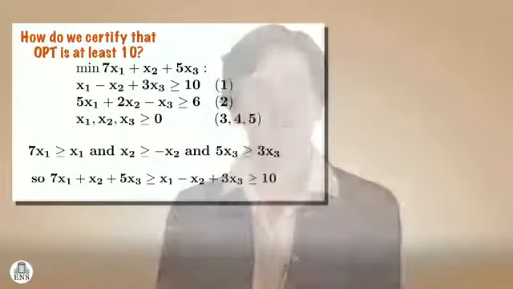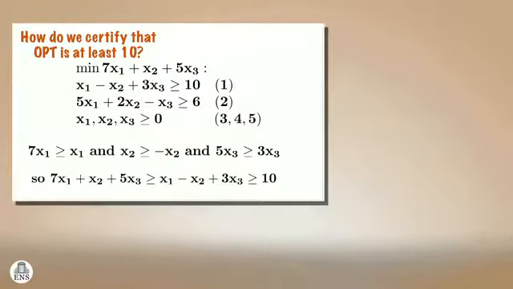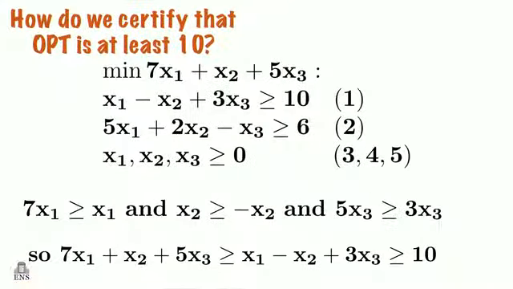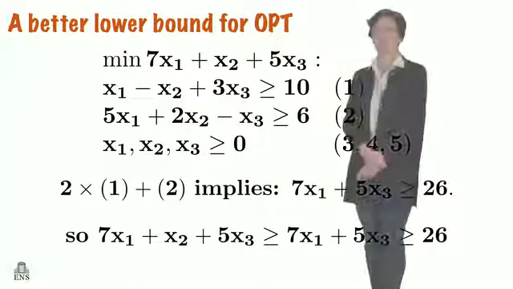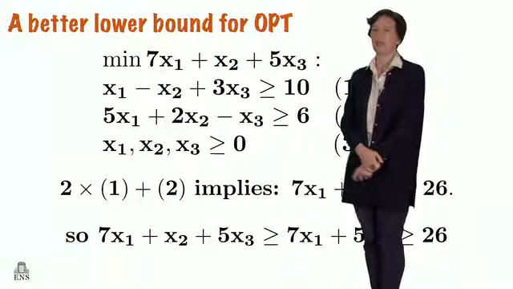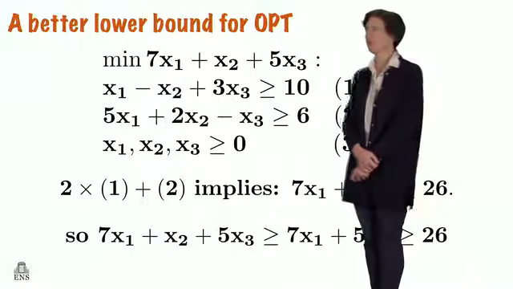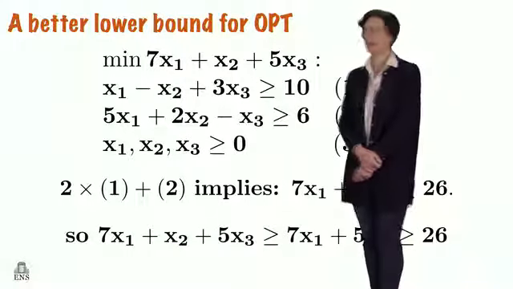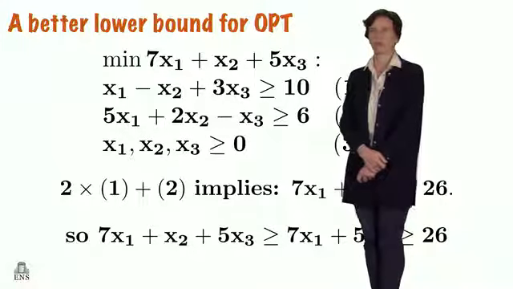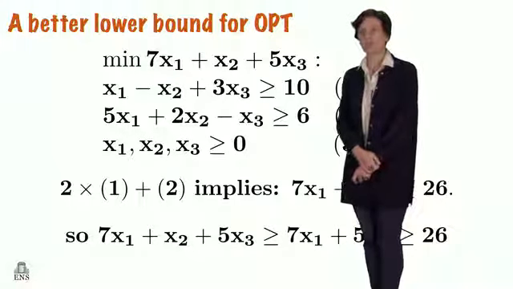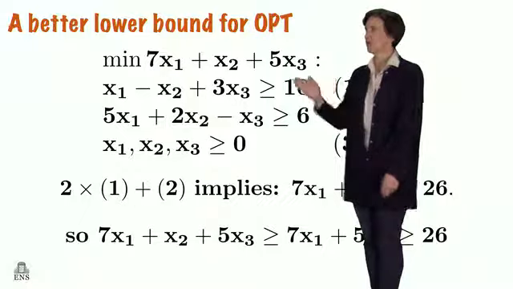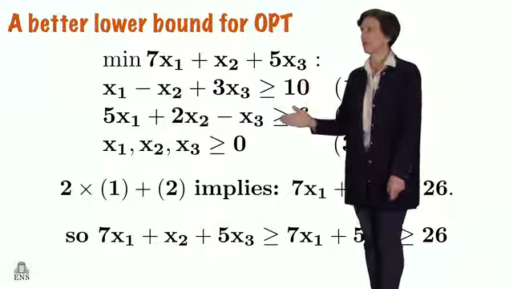We got lucky here. But what if we try to prove something for some larger value? We won't be able to just plug in one particular constraint. Okay, let's try to prove a lower bound of 26. The idea is that you can combine constraints to derive new constraints. Consider the first constraint and the second one.